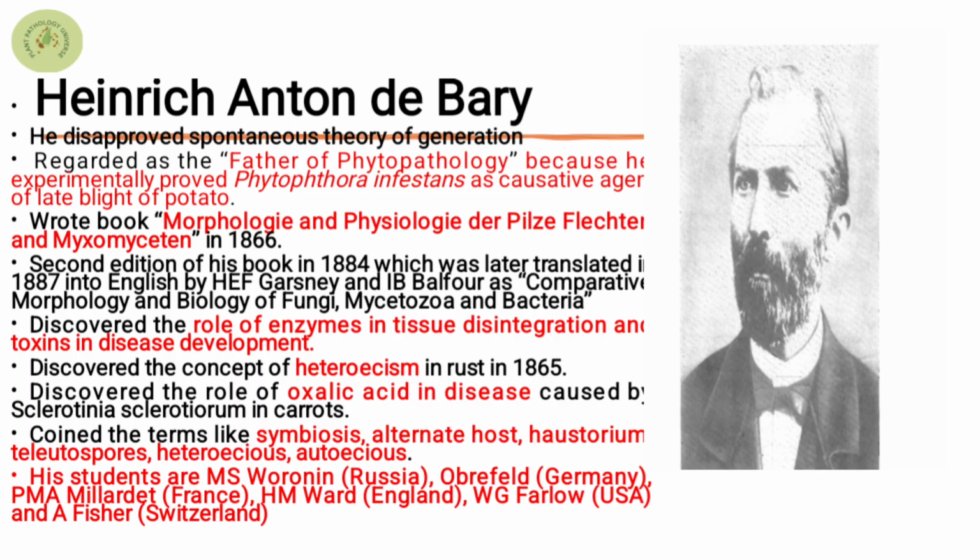Okay, so first he experimentally proved Phytophthora infestans as the causal organism for late blight of potato, which caused the Irish famine in 1845, right? Then he also disproved the spontaneous generation theory.